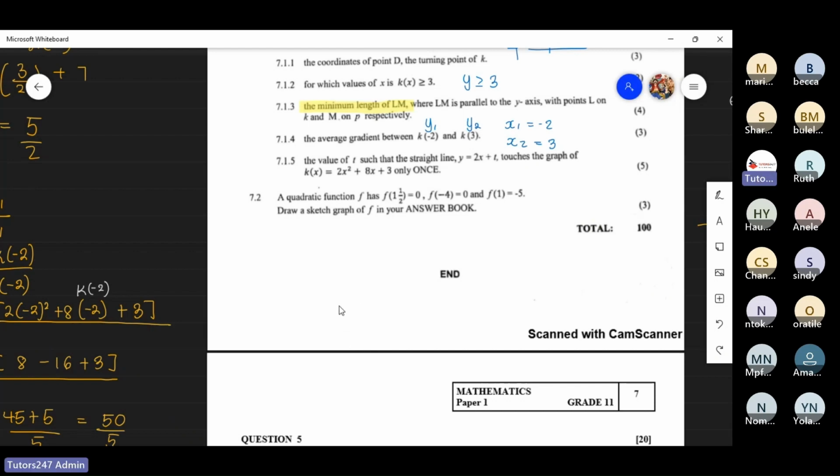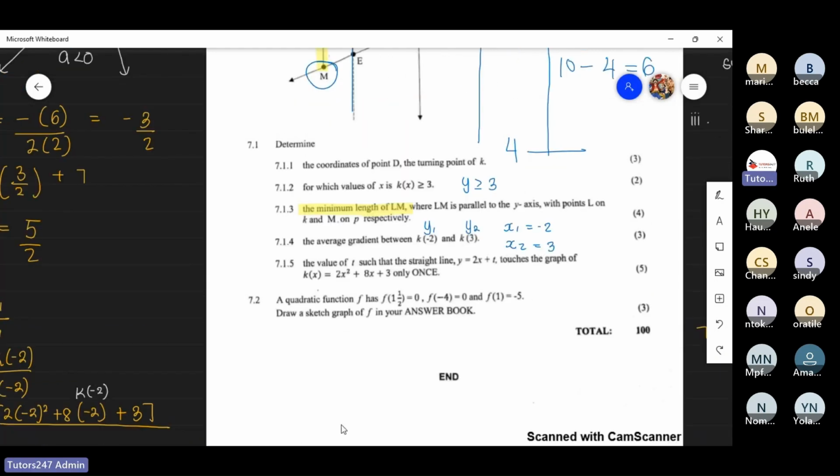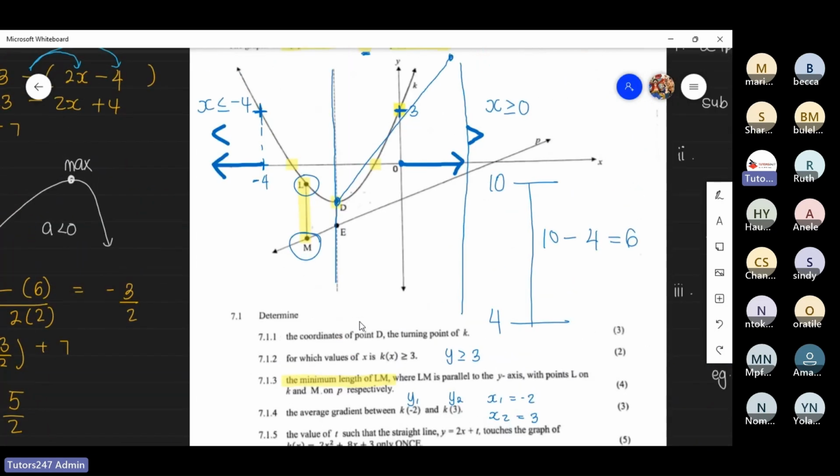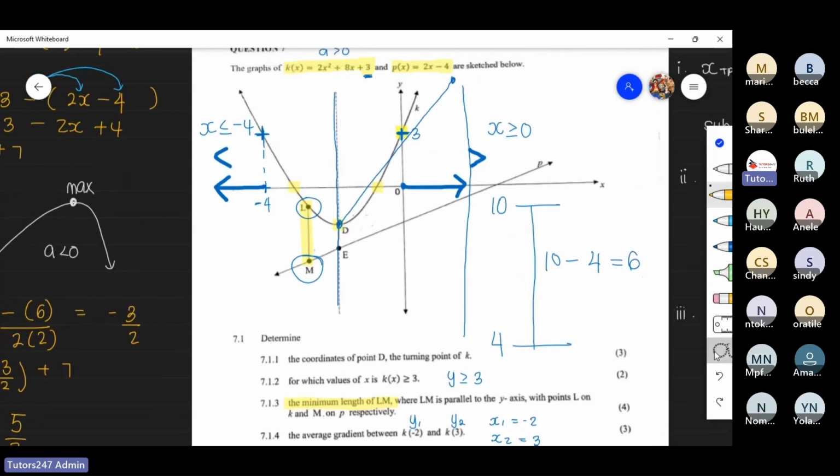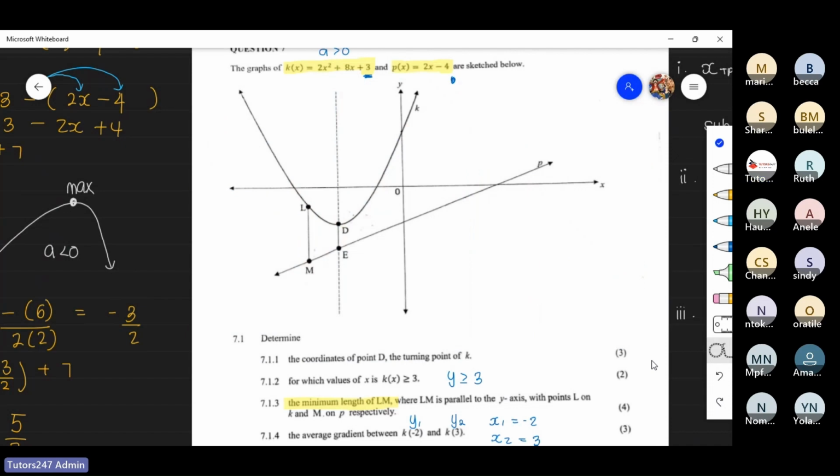Now, keep in mind if these functions are touching. So let's say we have this function that is touching our function k only once.